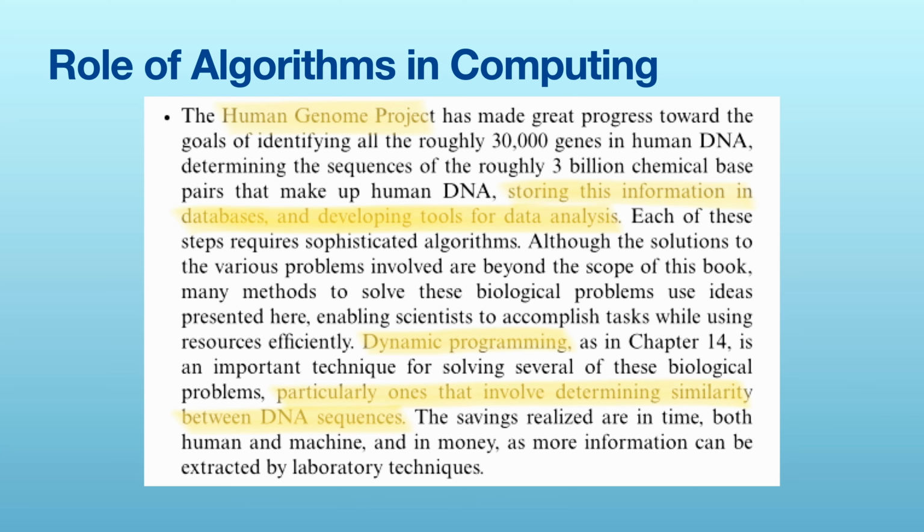And the second thing is, once we identify and store the entire sequence, the real mammoth problem comes next. Why do we have to identify and store the sequence? The fundamental idea of this project is that we can identify some genes which are causing hereditary issues in humans, and we can try to eradicate those genes, which will save us from hereditary diseases. How will people do that? Say there is some disease which is hereditary. Scientists will take the genome sequence of many people having the same hereditary condition, particularly people who are not blood relatives.